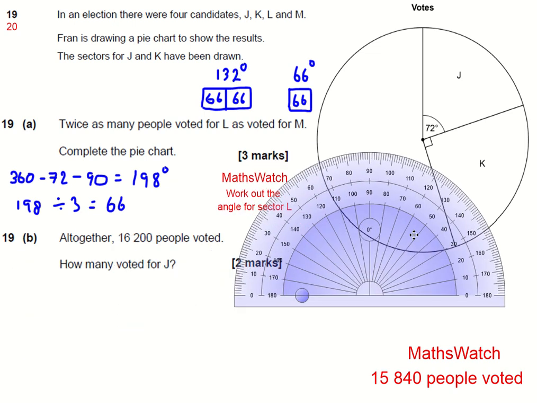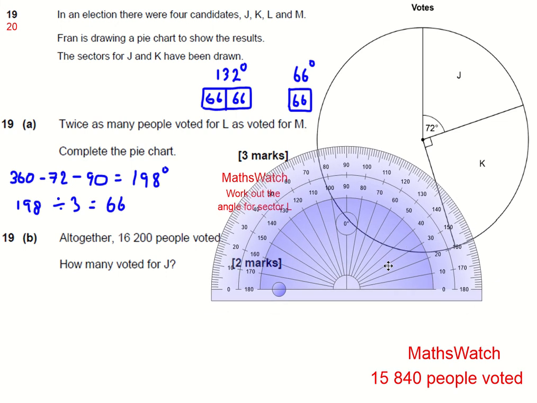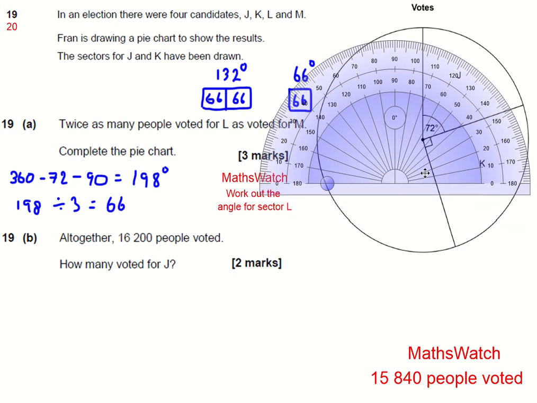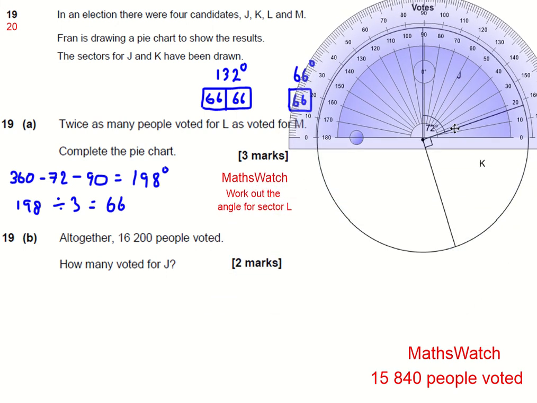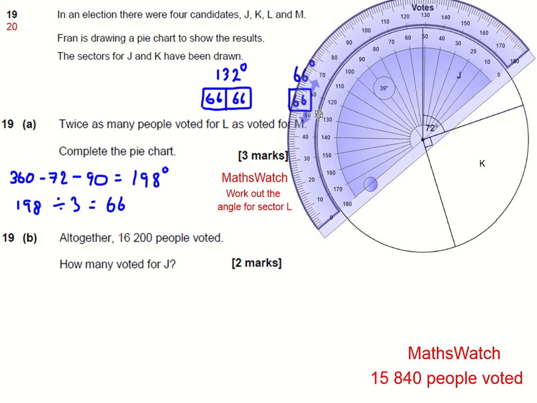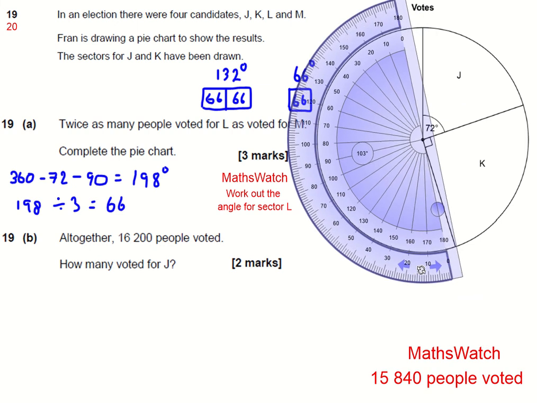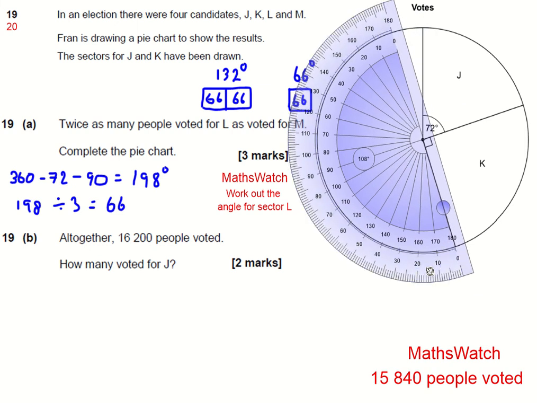So using a protractor, we need to draw an angle of 132 degrees for L. In order to do that, we first of all need to make sure that the bottom part of our protractor is in the centre of the circle. We then need to make sure that the last line drawn, which is this line for K, is what goes against the 0 line here.